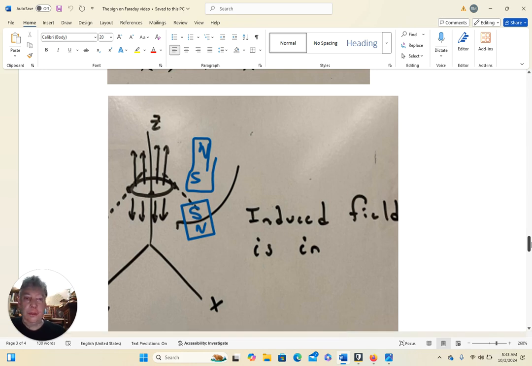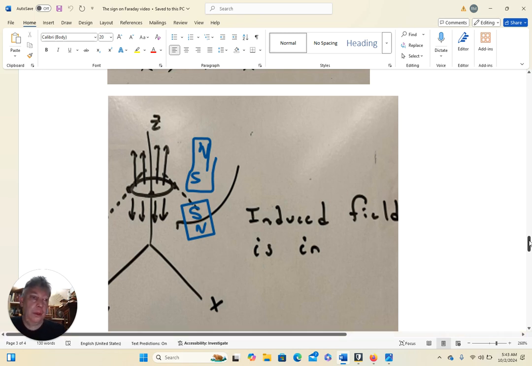So I drew these little magnets on the outside there, and the original field, according to the straight wire and Ampere, is going to have a north pointing up, where the induced field is going to have a north pointing down. And you can kind of see that the two sets are pointing towards each other, which is repulsive. Which is kind of what we expect.